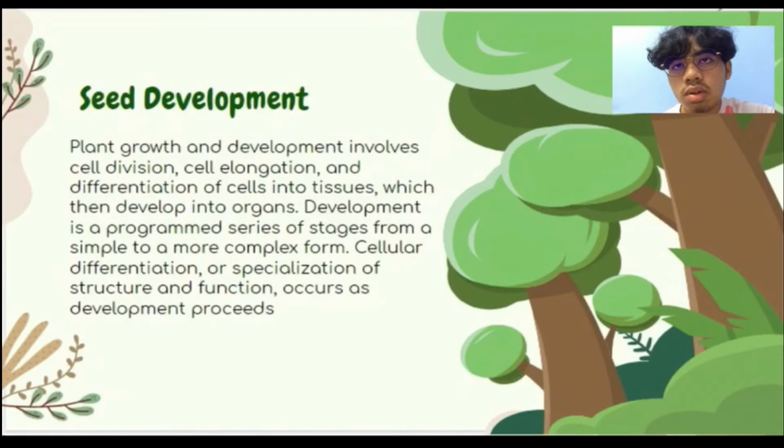So development is a programmed series of stages from a differentiation or specialization of structure and its function that occurs as development proceeds. So we go to the table of contents.